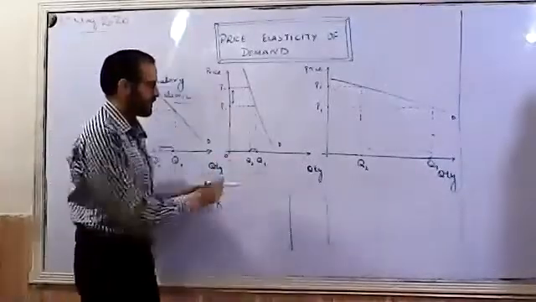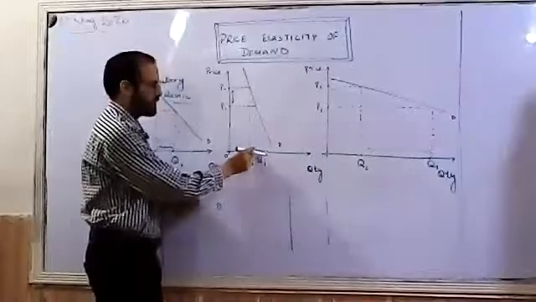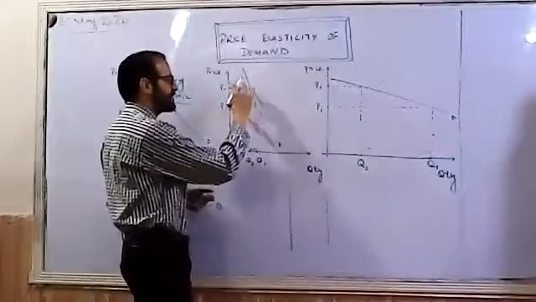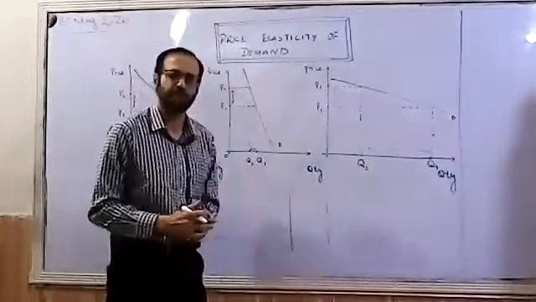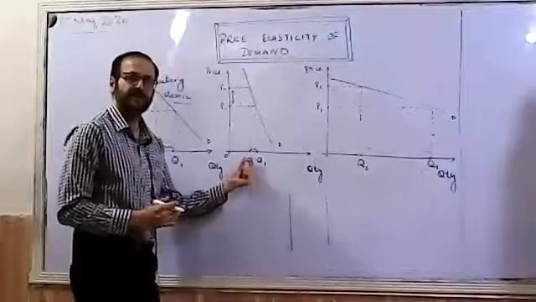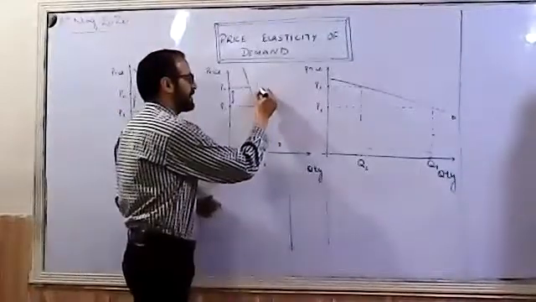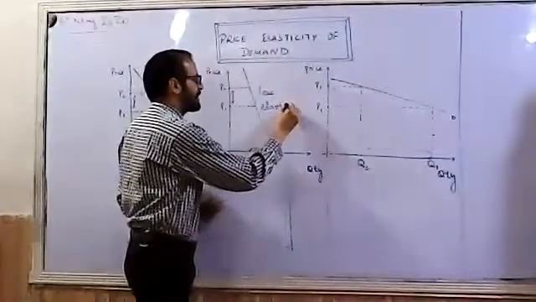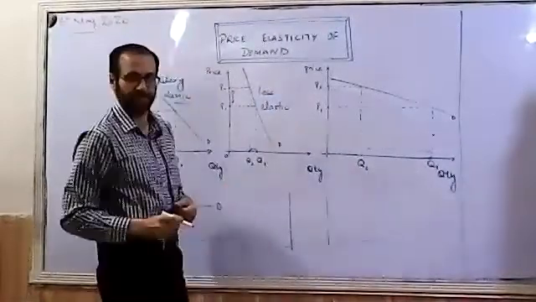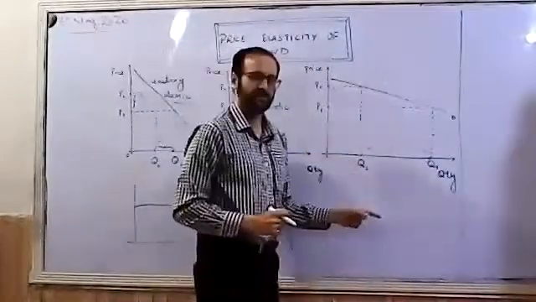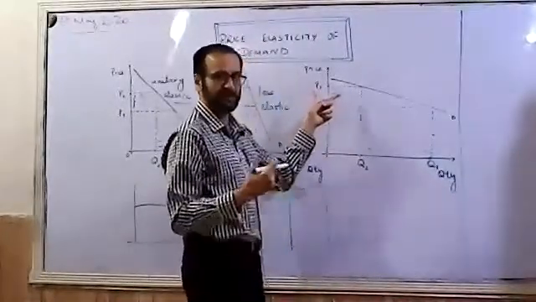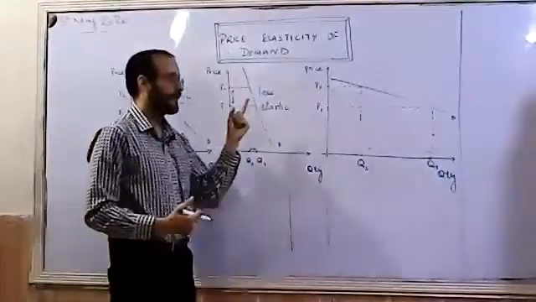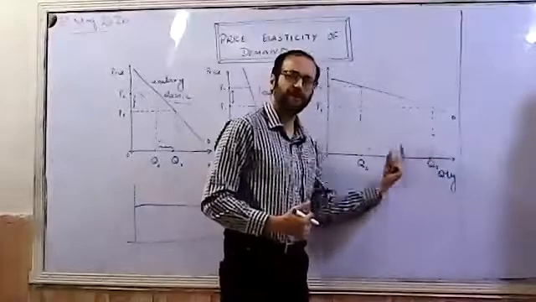Now in this diagram, the response is very low due to the change in price. So we can say when the price is increasing and there is very little response, the elasticity is less. So we can use the term less elastic demand curve. In this last diagram 3, the price is changing the same as in this diagram, but the quantity is rapidly changing.